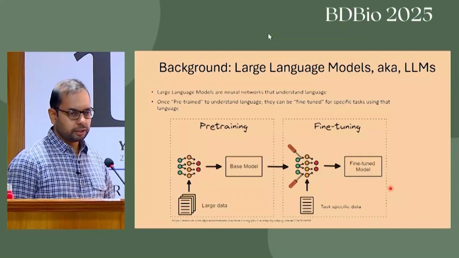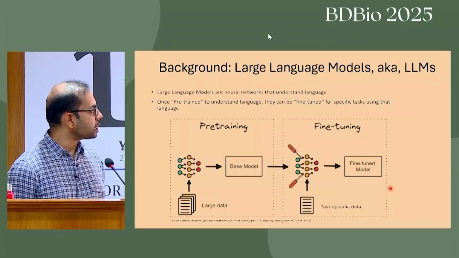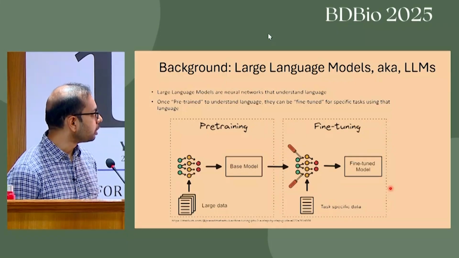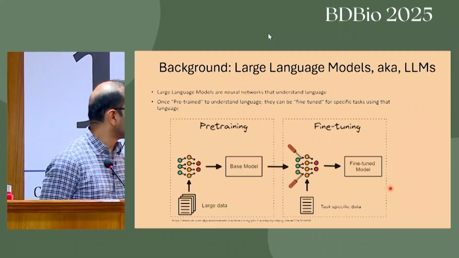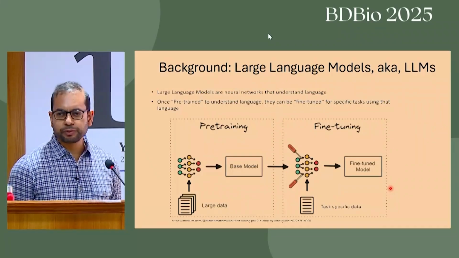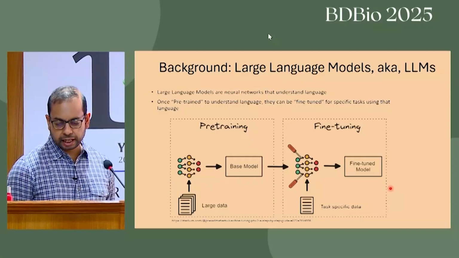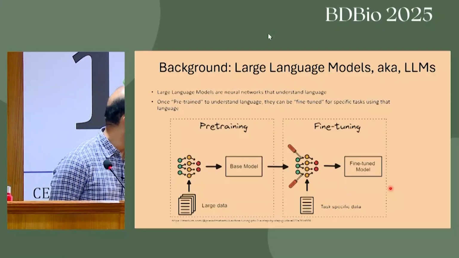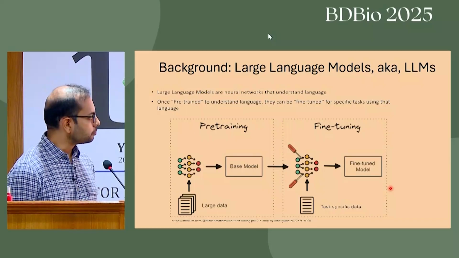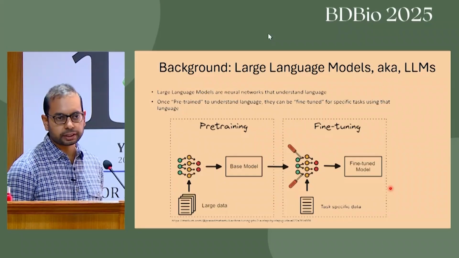So we went through a lot about transformers and how they are used for language modeling. One thing which I think Aditya covered very briefly was the concept of pre-training and fine-tuning. So what basically happens is that for any task-specific thing, we may not have a lot of data.